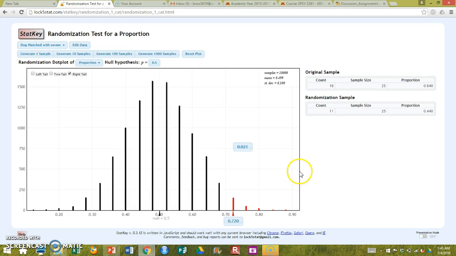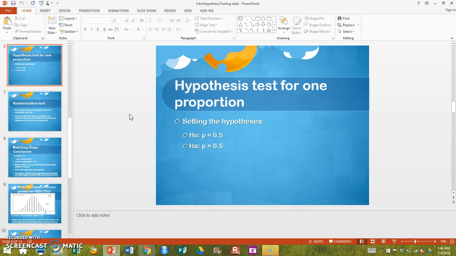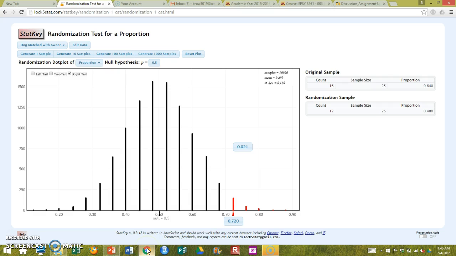Therefore, we reject this notion that it's 0.5. That's what rejecting the null hypothesis means. We say, assuming a world where the population proportion of matching dogs to owners is 0.5, if it does not produce our sample data with much likelihood, then it's not a good world. Then it's not a good assumption, and we can reject this null hypothesis.